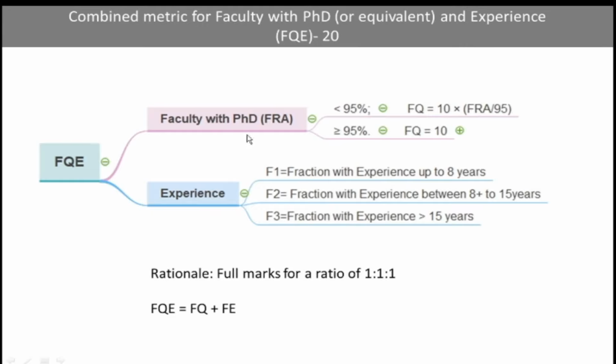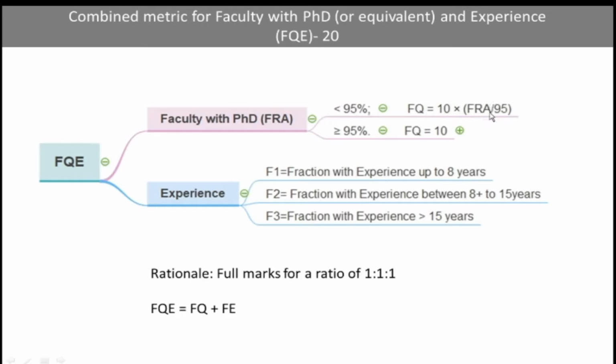Now have a look at faculty qualification. The NIRF methodology believes that there can be institutions having less than 95% of faculty with PhD, or 95% or more faculty with PhD. If your institution has less than 95% of faculty with PhD, the formula applied is FQ is equal to 10 into FRA upon 95, where FRA is the percentage of faculty having PhD.